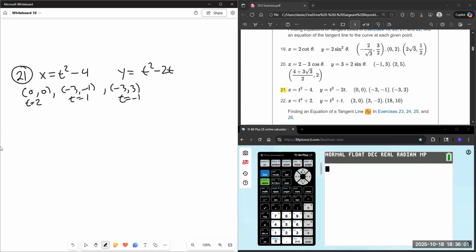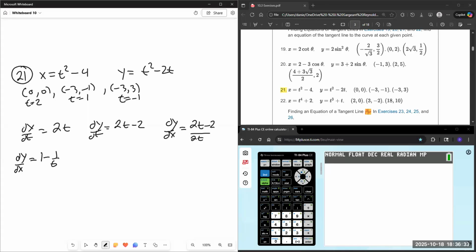Let's look for dx/dt is 2t, dy/dt is 2t minus 2. So dy/dx in terms of t is (2t minus 2) over 2t, or that is dy/dx is 1 minus 1 over t.